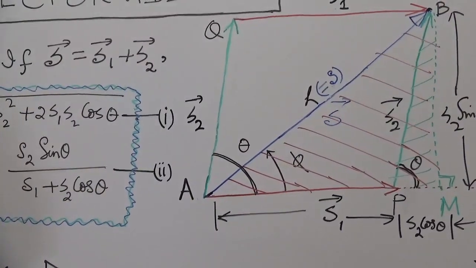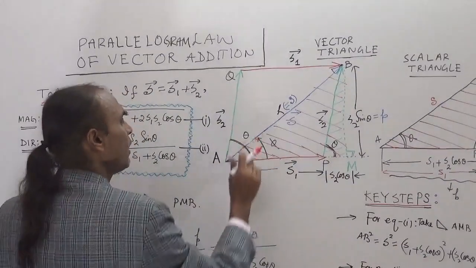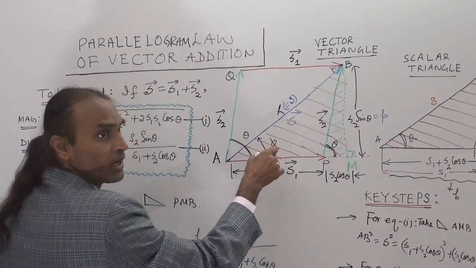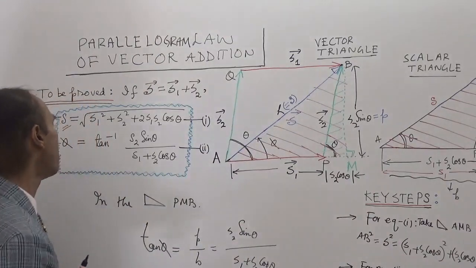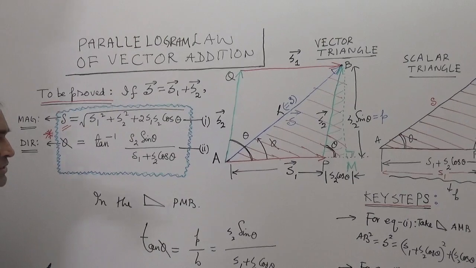And to find the direction of the resultant, at what direction the resultant points with respect to S1 or S2, we have taken with respect to S1, let it make an angle phi. So phi is equal to tan inverse S2 sin theta by S1 plus S2 cos theta.